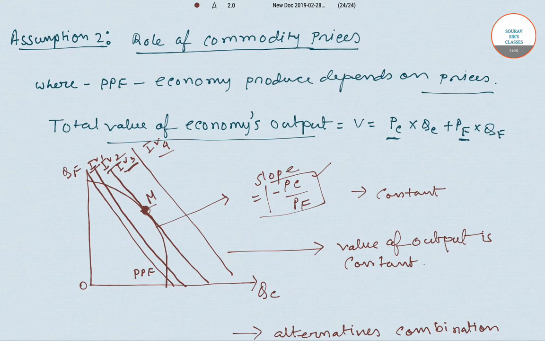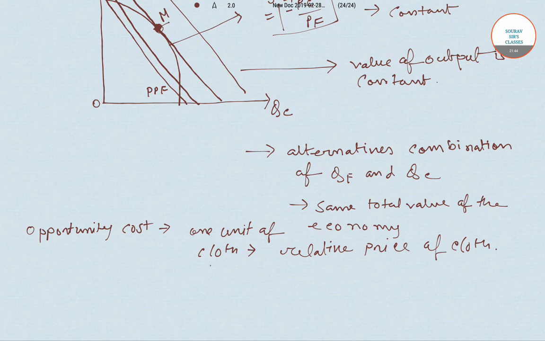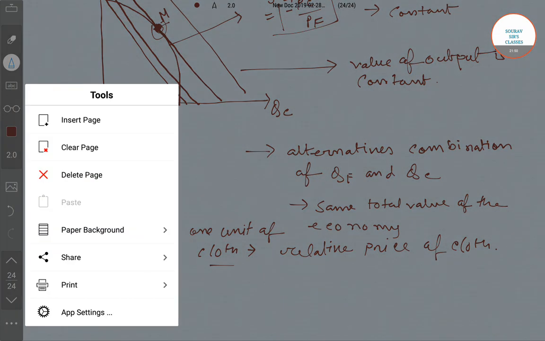So this is assumption 2, that is, the role of commodity price. We get the slope as PC by PF. So where the relative price of cloth is equal to the opportunity cost of cloth, we get the equilibrium, which is at point M. Now we'll talk about the last assumption, which is assumption 3.